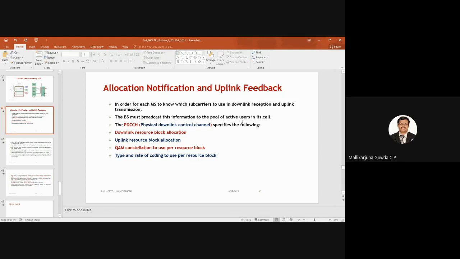Whoever is active, for them it will be intimating the information. Active users means when their phone is on, obviously they will be active. When they try to call, then they're searching for channels, right? So for active users, the base station will be broadcasting that particular information.